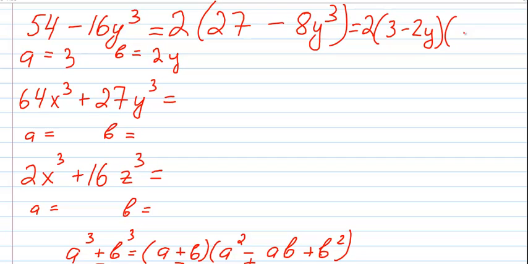Now we need to square a, which is 9, 3 squared is 9, plus a multiplied by b becomes 6y, 3 multiplied by 2y is 6y, plus 2y squared gives us 4y squared.